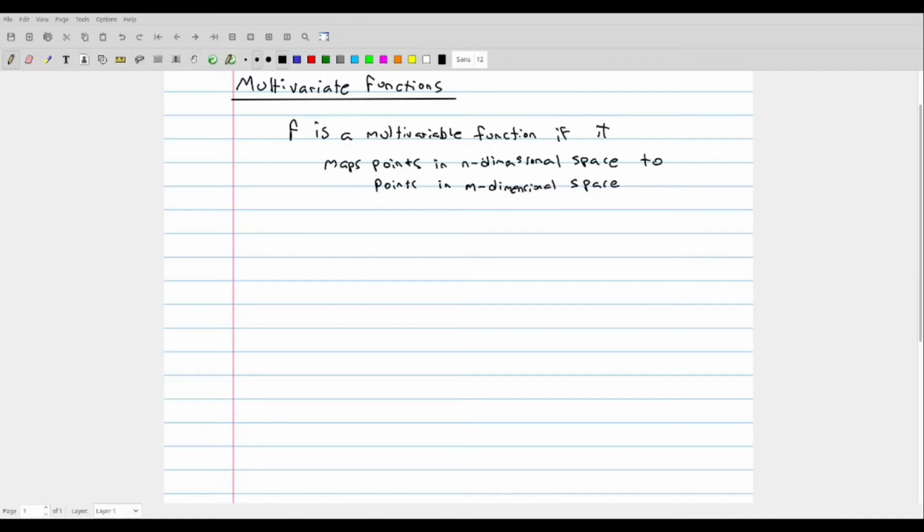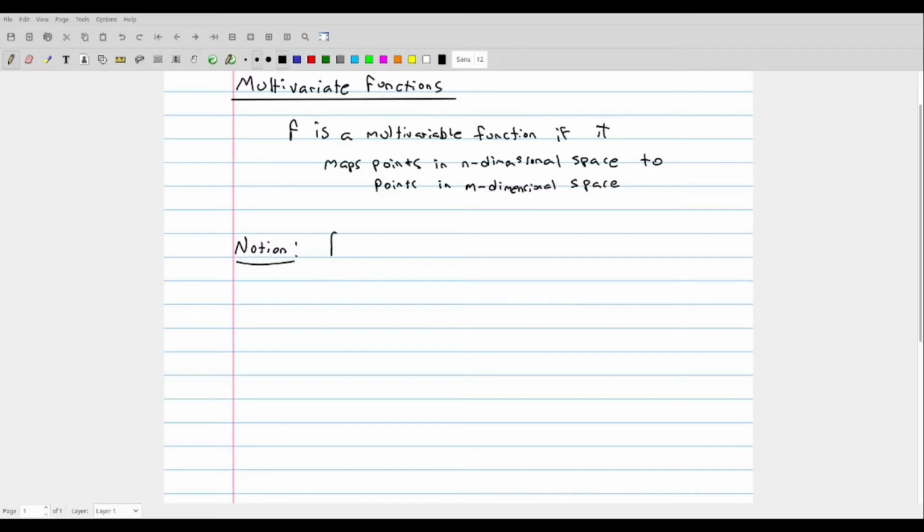And we have a notation for n-dimensional space and m-dimensional space, and we actually have a nice notation for what a multivariable function is. The notation is the so-called mapping notation.